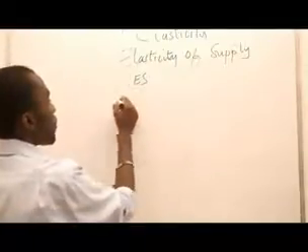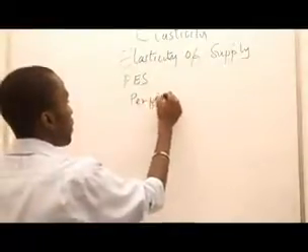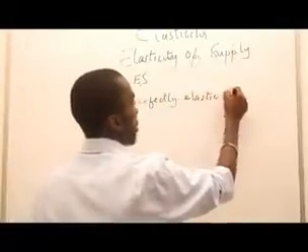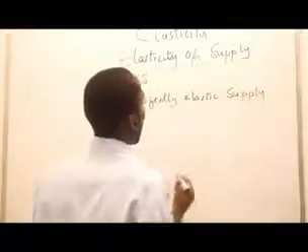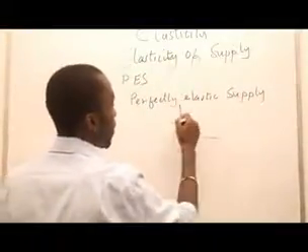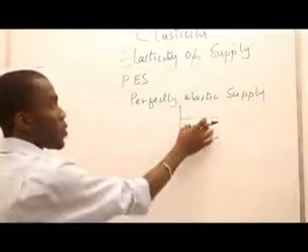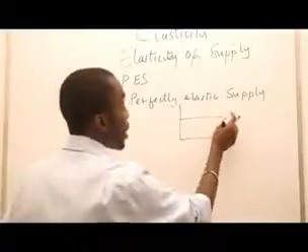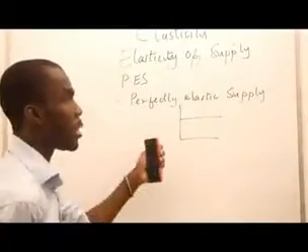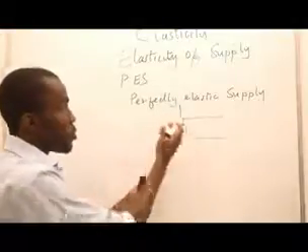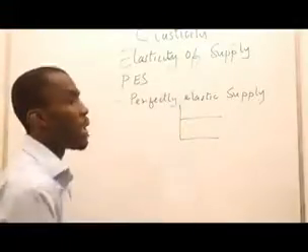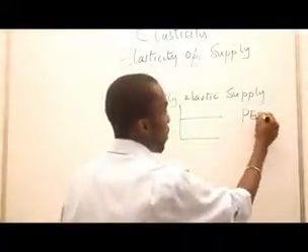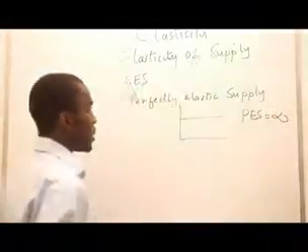We can have perfectly elastic supply, and in this case we have the supply curve having a horizontal slope, which means that when you increase the price a little, suppliers will flood the market with so much of the good or the service. And then when you decrease the price by a little, none of the products will be supplied. And in this case, you have your price elasticity of supply to be infinity.